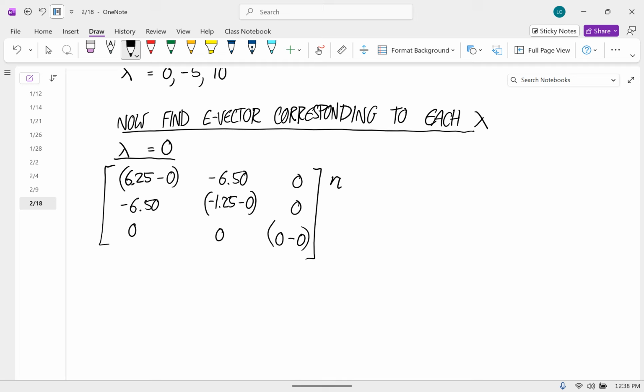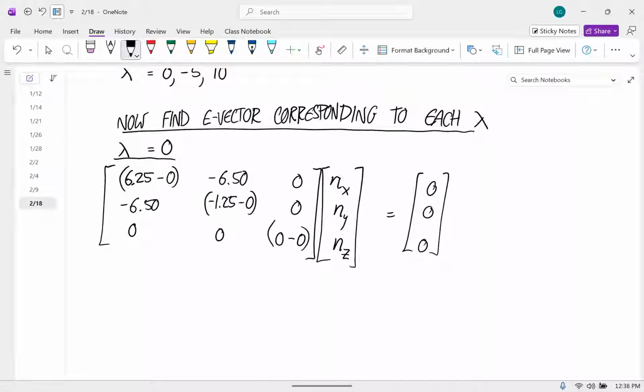And we're going to find an nx, an ny, and an nz that makes this equal to the 0 vector. So that's what we're looking for. So notice that we're going to find an nx, ny, and nz that's specific for one of those roots, for lambda is equal to 0, okay? Because we've plugged in 0 for lambda in that equation I just circled.